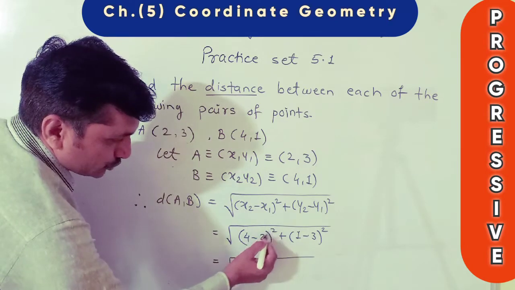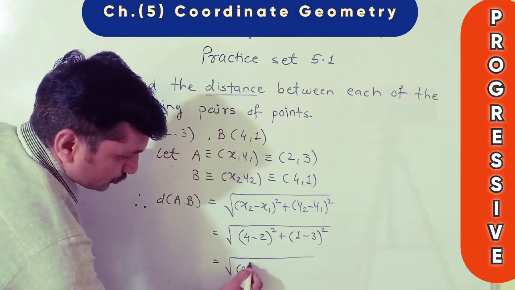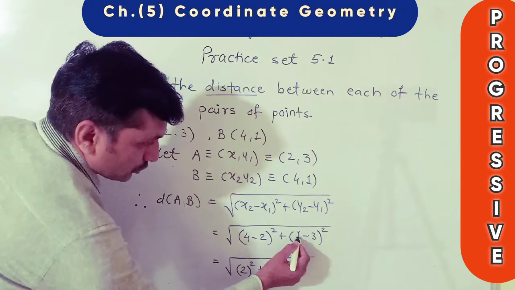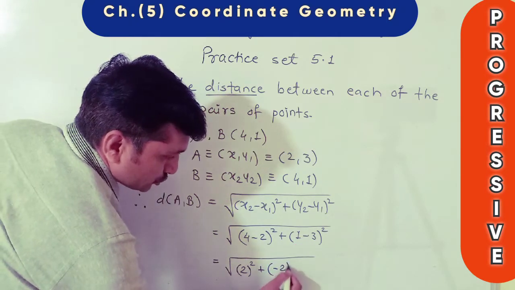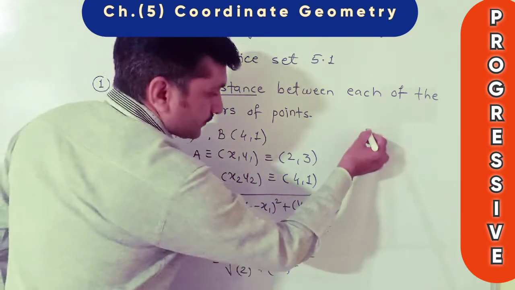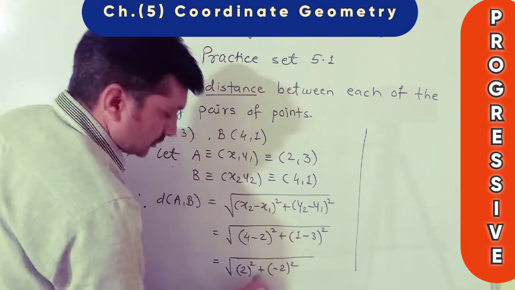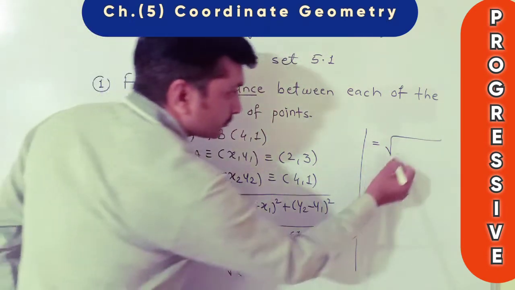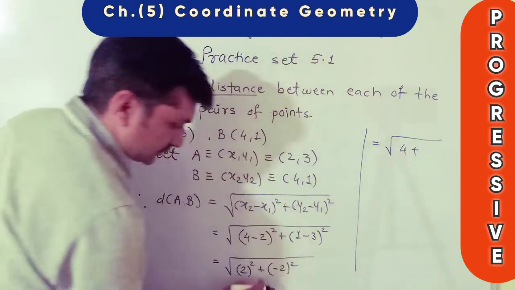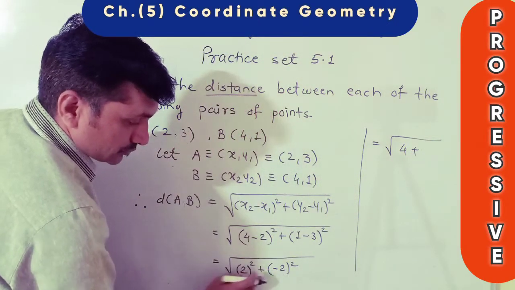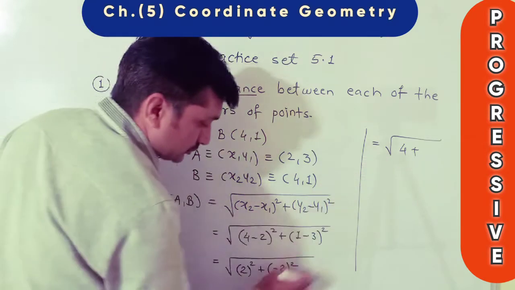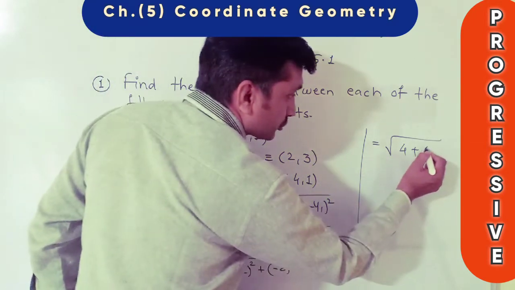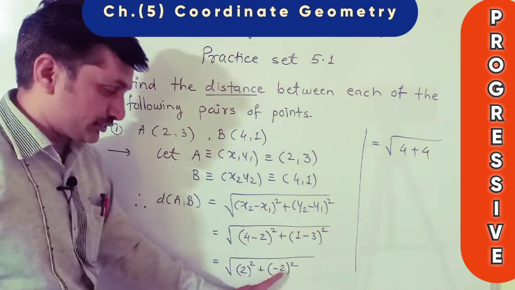now solve this, (4 minus 2) whole square plus (1 minus 3) whole square. I continue here. Square root of 2 square, 4, plus square of 2, 4, square of minus 2, 4. Square is always positive.